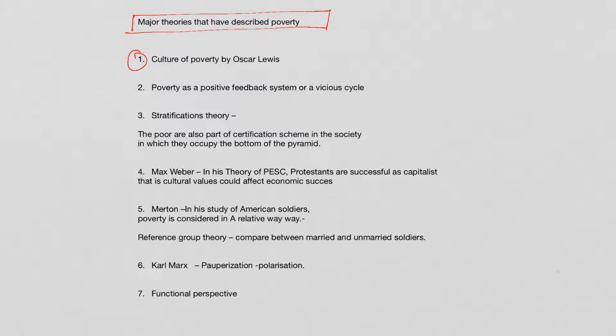The poor are not only lacking some resources, material resources mainly. There is also a criticism that we are not able to meet a certain standard of living. So here Oscar Lewis says that it is not only resources but also other factors.